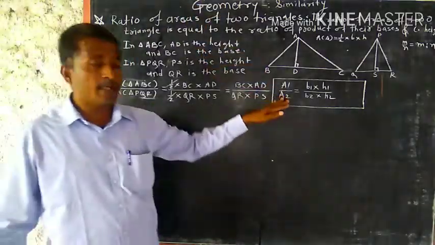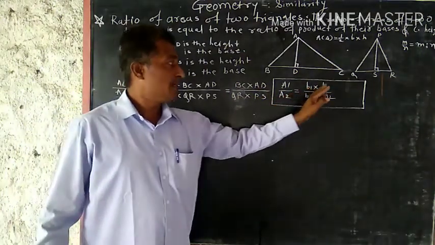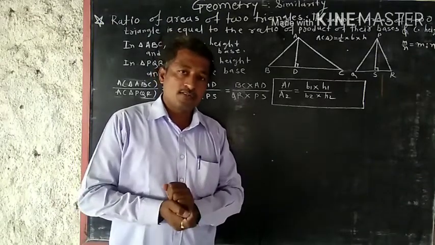The ratio of areas of two triangles depends upon base as well as height. There are two conditions.